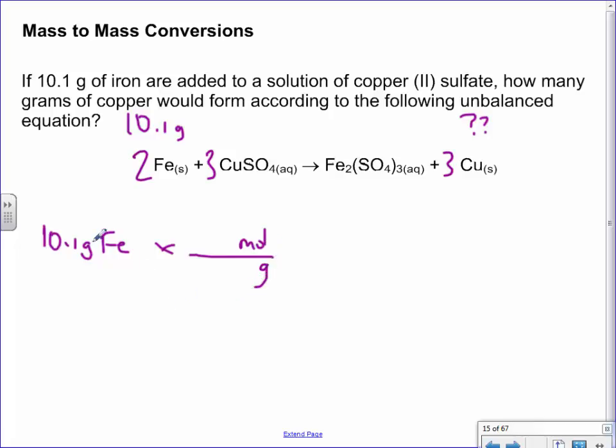I'm going to try to eliminate this grams right here using iron's molar mass, which I believe is 55.85. Now, I'm actually not going to find this number right now. I'm going to do it all in one swoop. I find this easier myself. But can you guys see how the grams is canceling here? At this point right now, I have moles of iron.